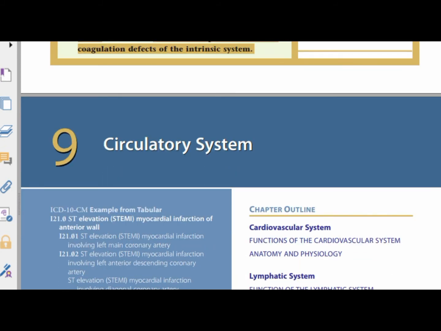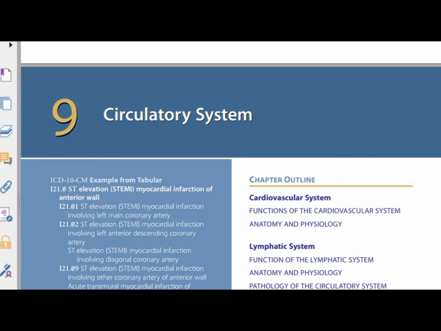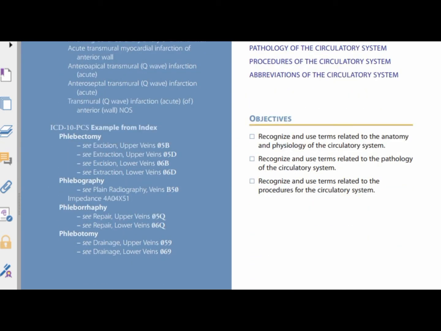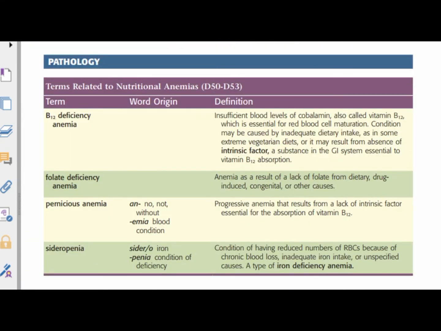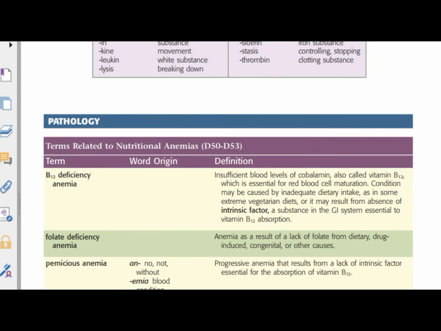And we will go with the circulatory. The terms related to pathology. No? Pathology, so these are diseases which are very common and involve blood. So you have the B12 deficiency anemia.